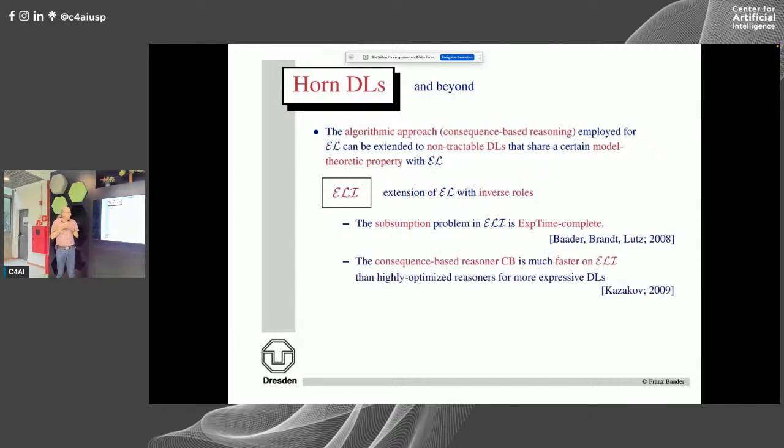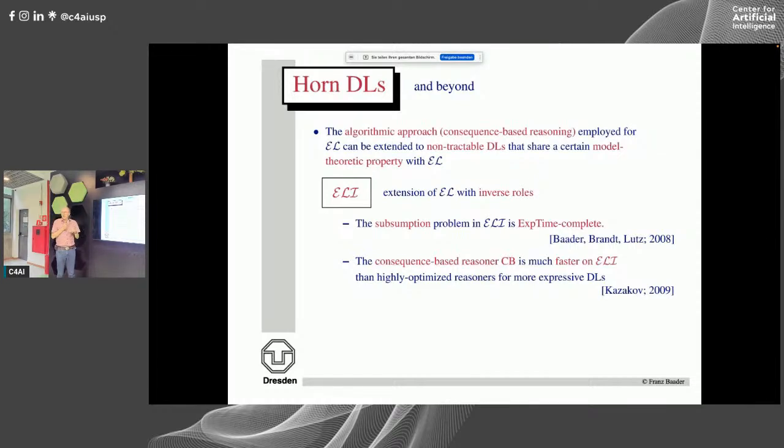But consequence-based reasoners, the first one was by Evgeny Kazakov, turned out to be much faster on ELI than highly optimized reasoners for more expressive DLs. So these monster description logics that are handled by FaCT++ and Racer and so on, they all can deal with inverses, but on this ELI fragment, they are not as good.